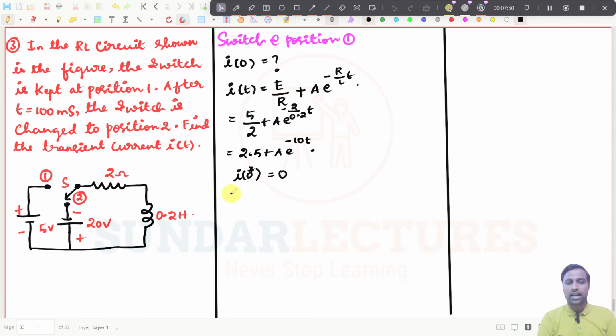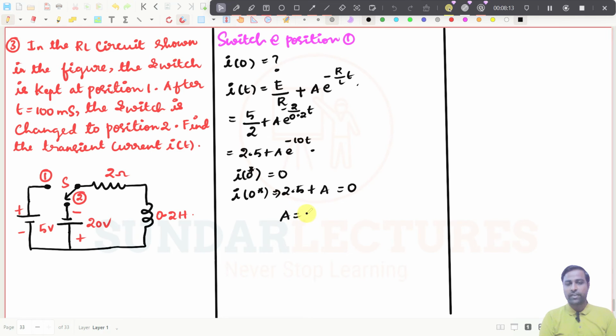So I of 0 star is equal to 2.5 plus A, where e power 0 becomes 1, and this is equal to 0.